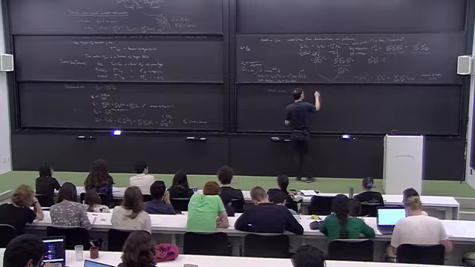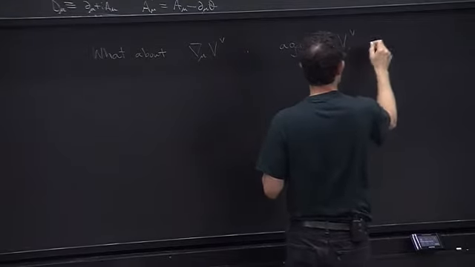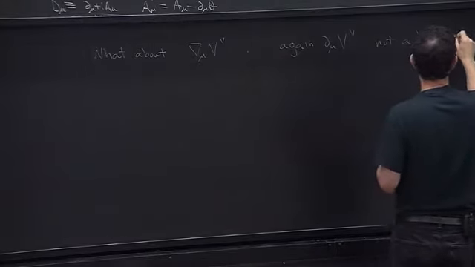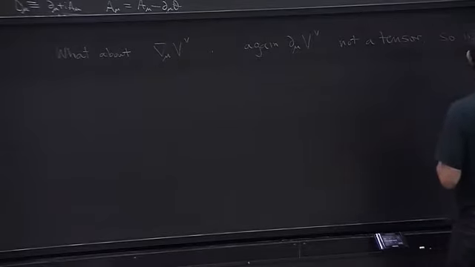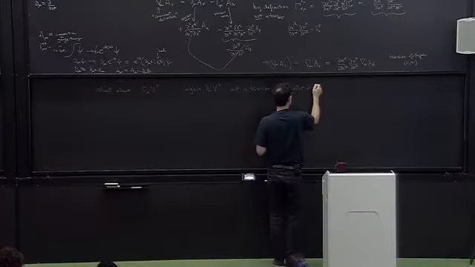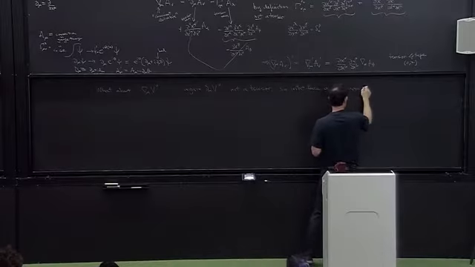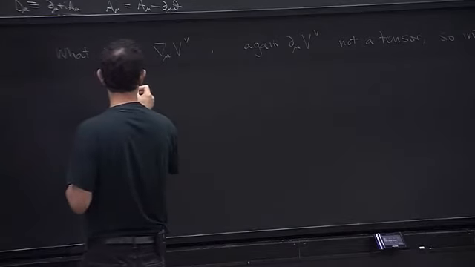So again, the ordinary derivative ∂_μ of V^ν is not a tensor. So we introduce a gamma correction. And I'll just tell you the answer first and then justify it.